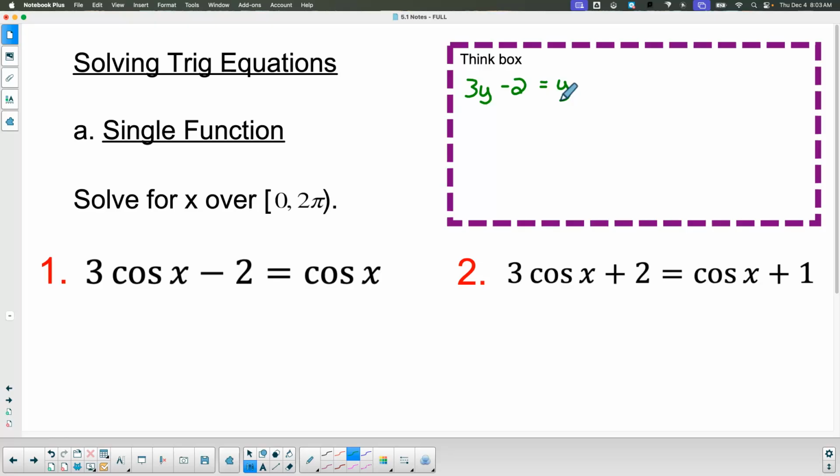Subtract 3y from both sides? Okay. All right. So we would subtract 3y from both sides, and then that would give us negative 2 equals negative 2y. And then what? Divide by negative 2. And then that would give us 1 equals y. Right?